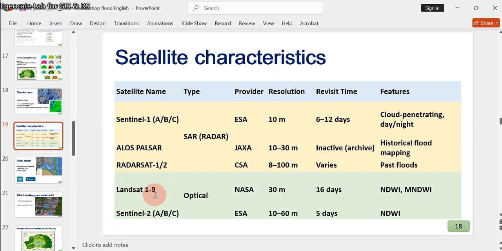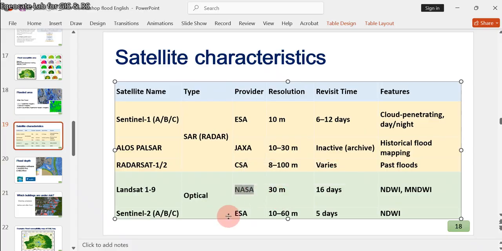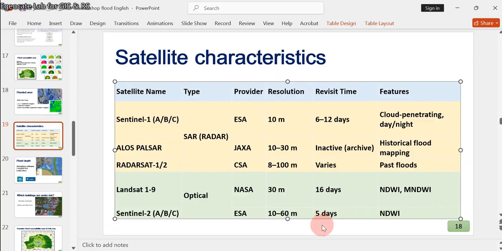But Landsat 1 to 9 and Sentinel-2 imagery are optical, which are provided by NASA and ESA, the European Space Agency, so America and Europe. And also these are the resolution, revisit time, and also what we can get from them.